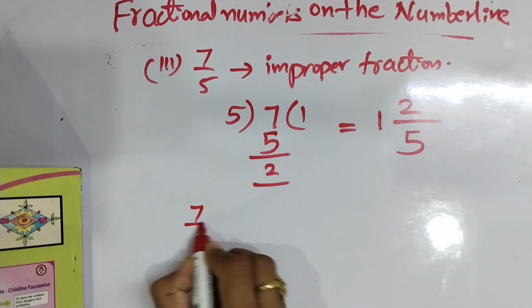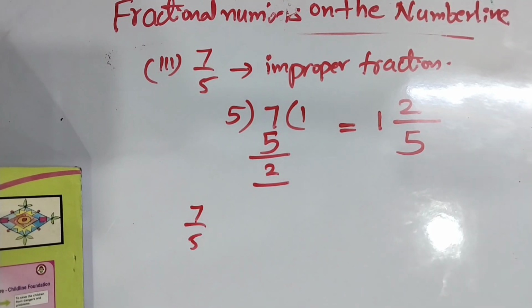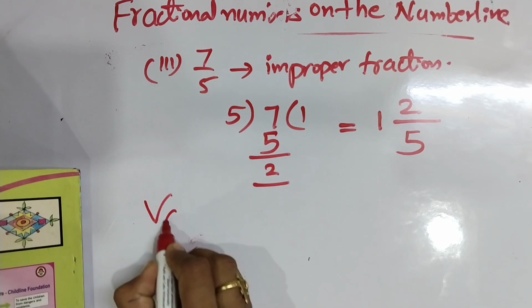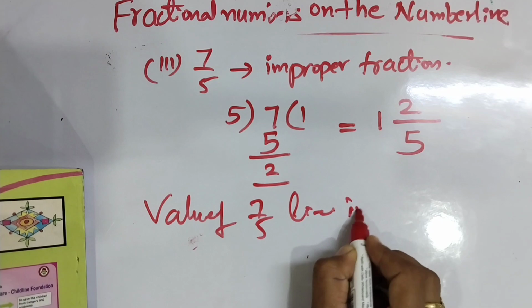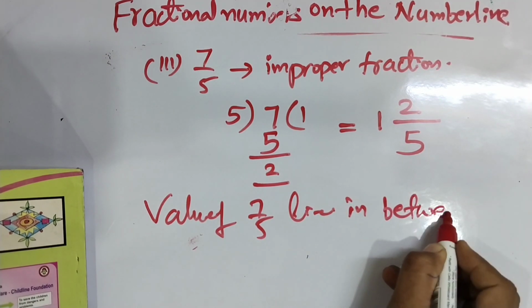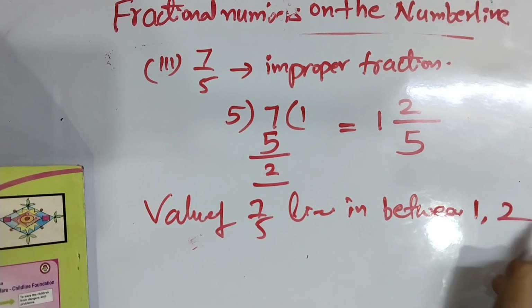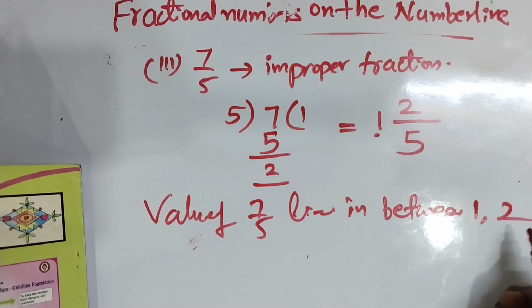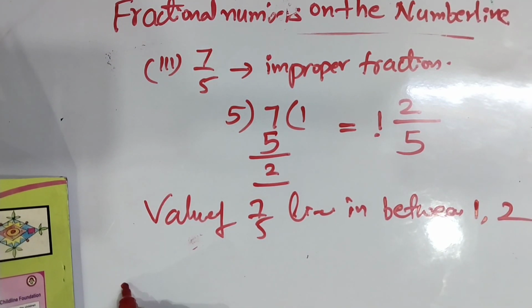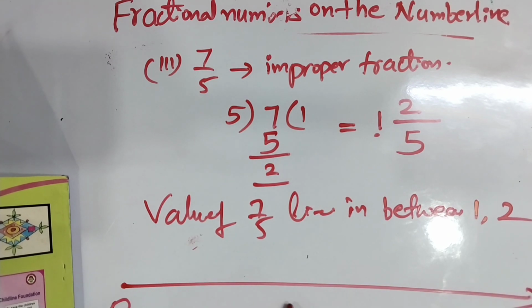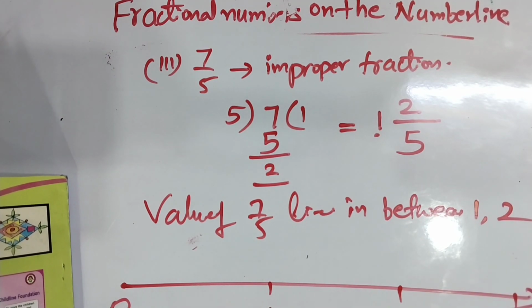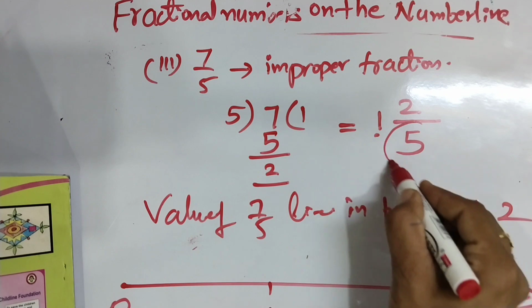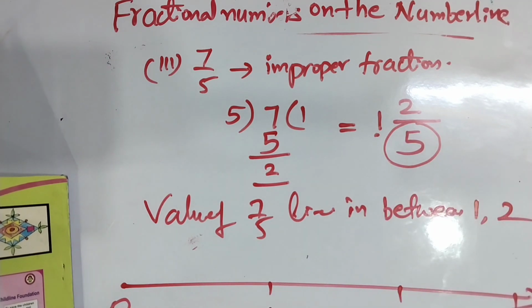So the value of 7 by 5 lies in between 1 and 2. We are taking the number line 0, 1, 2 and 3. So it lies in between 1 and 2. Now we observe the denominator, 5.